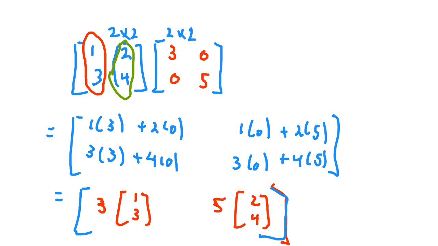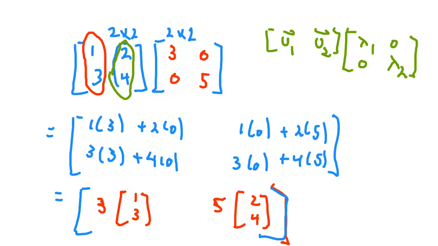So if you have a matrix with column vectors u1 and u2, and you multiply it by a diagonal matrix with diagonal entries lambda 1 and lambda 2, that's going to equal lambda 1 times the vector u1 plus lambda 2 times the vector u2.